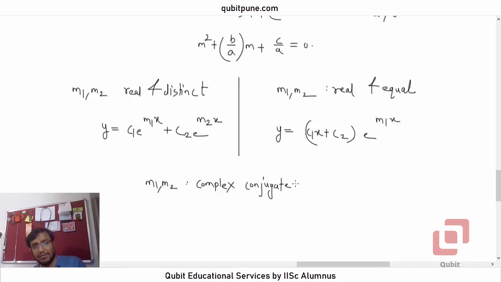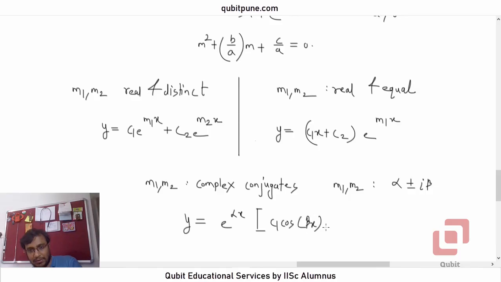When they are complex conjugates of each other, let us say m1 and m2 are alpha plus or minus i beta, then y is given by e to the power alpha x times (c1 cos beta x plus c2 sin beta x). You remember this trick. You'll study this in your next ordinary differential equations or calculus course.